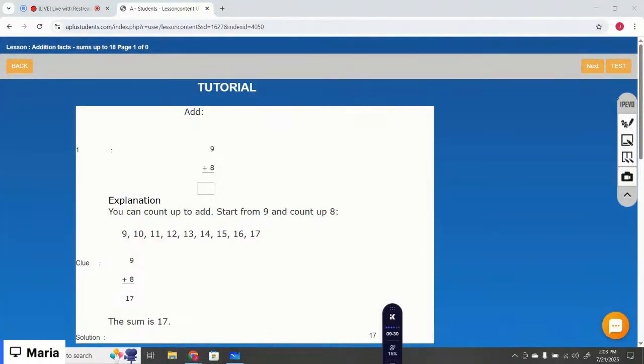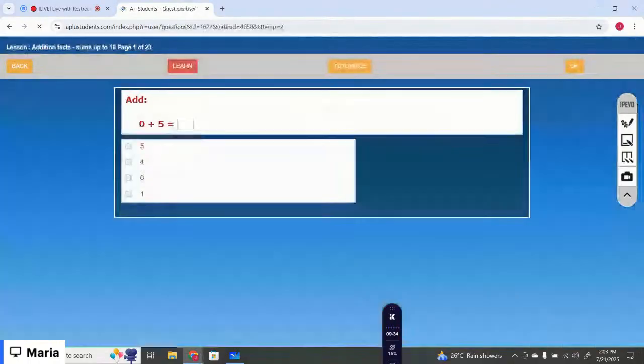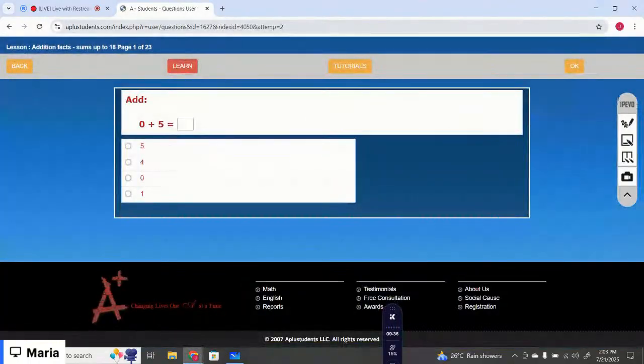Okay, let's just start with the test questions. 0 plus 5. So adding any number to 0 means the number stays the same, right? So 0 plus 5 means 5.